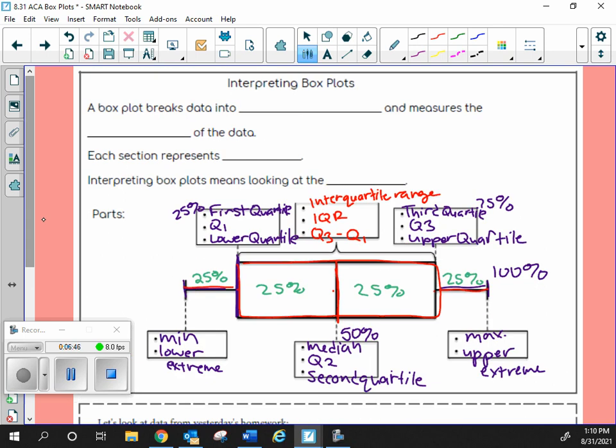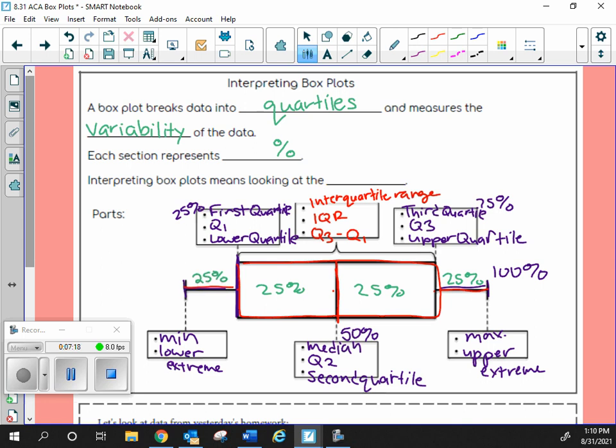So again, a box plot breaks data into quartiles, which is what we learned about yesterday. Quartiles are what percent? 25%. A box plot breaks it into quartiles. It measures the variability in data. Variability is saying how much it changes. Each section represents what percent?